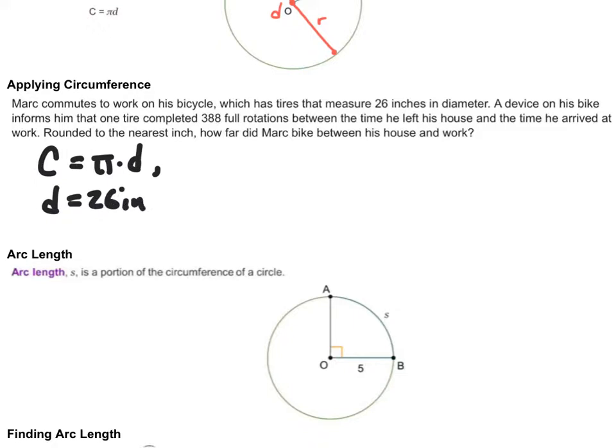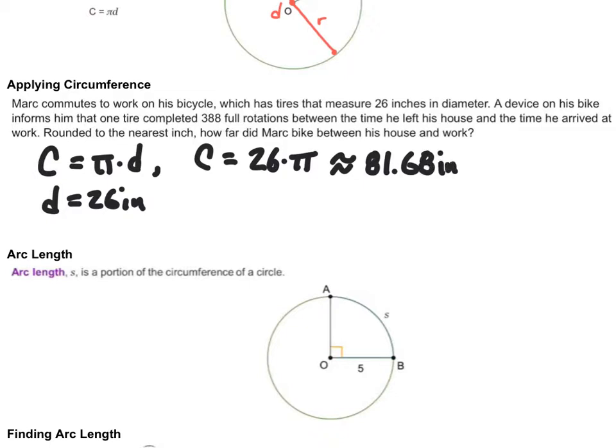So now I'm going to find the circumference. My circumference is going to be equal to 26 inches times pi, and this gives me a value. 26 times pi is about 81.68 inches.